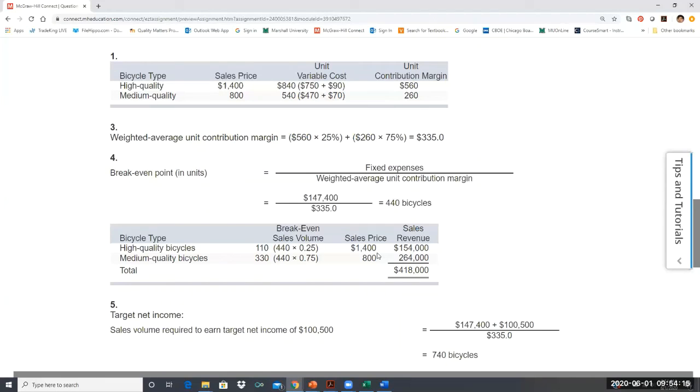Your sales revenue will be 110 times 1400, giving you 154,000, and your medium quality bikes 330 times 800, giving you 264,000. So the total is $418,000.